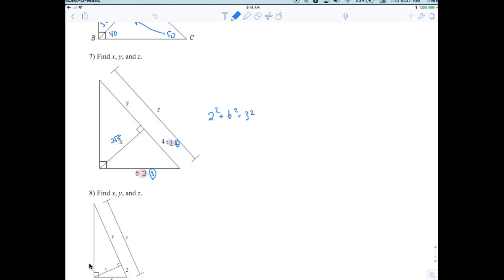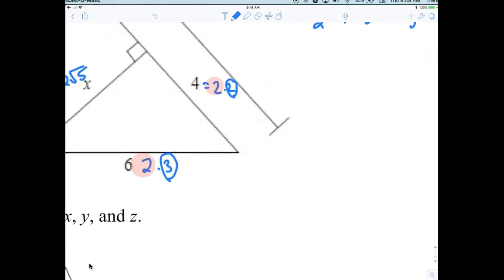So again, 2 radical 5 over y, short leg to long leg, is equal to the short leg, which is 4, and 2 radical 5. These all have a factor of 2 in them.